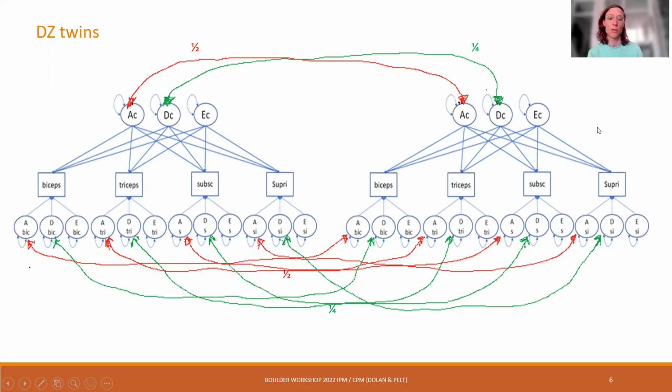I've also shown it in the last video. Additive genetic effects correlate 0.5 across DZ twins and 0.25 for dominance genetic effects. So we do this for the common genetic effects and the unique genetic effects. So now this is the independent pathway model, and we can actually estimate this.